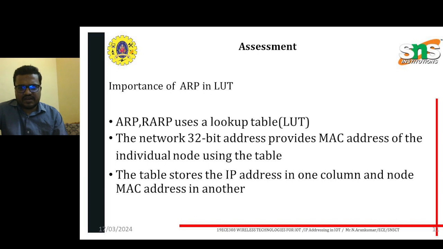After finalizing the concerned address, it can transmit the number of bits to the table. The table stores the IP address in one column and the node MAC address in another column, so that we can see the addressing information as rows and columns.